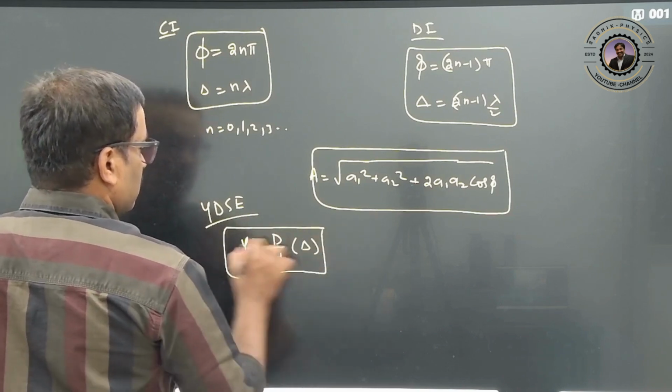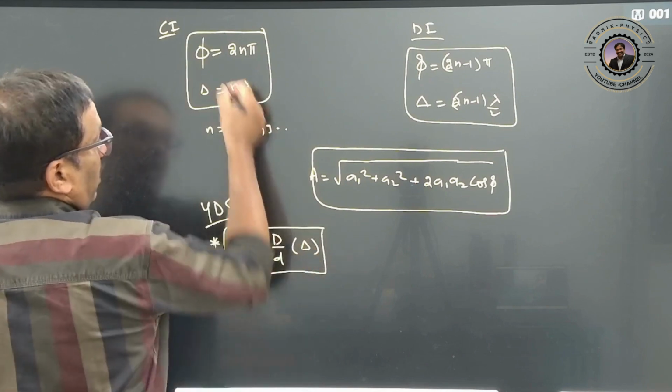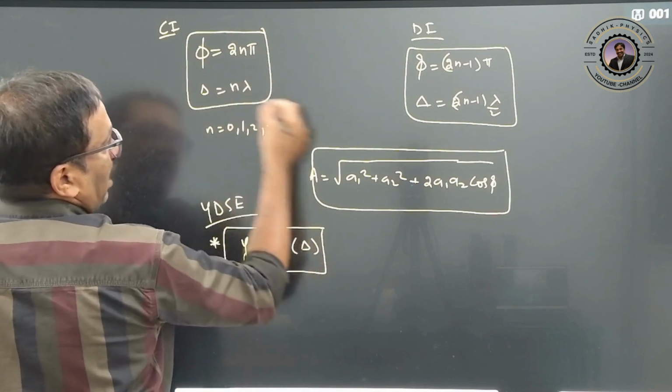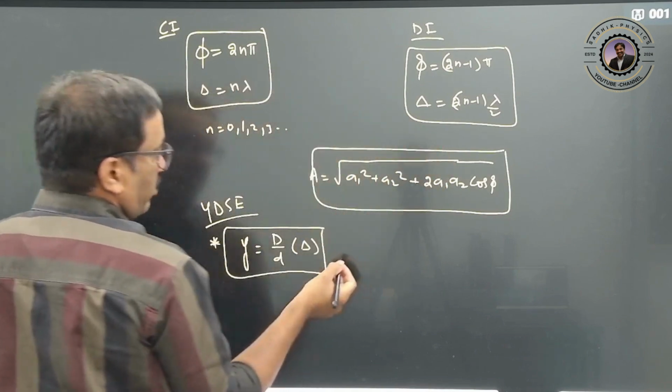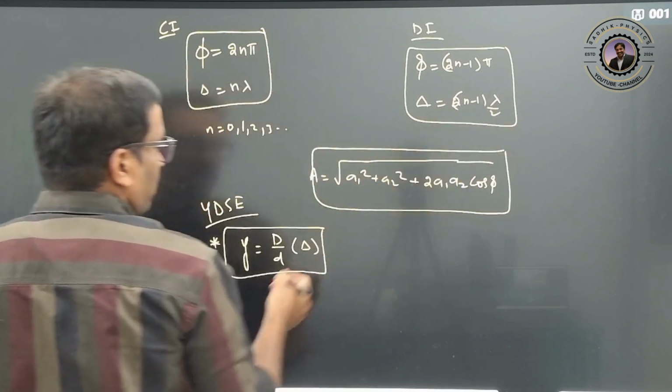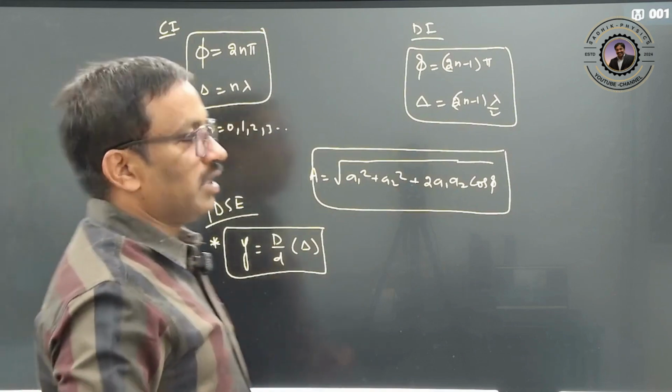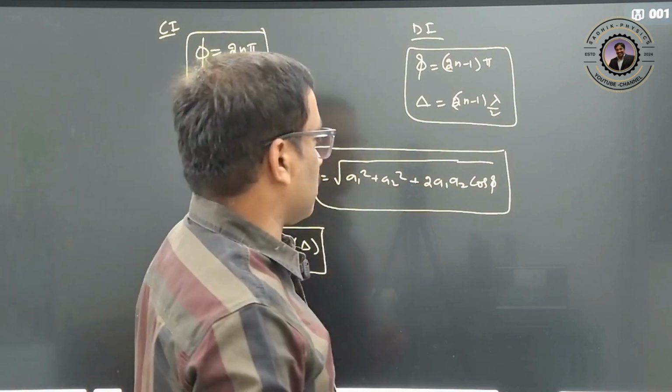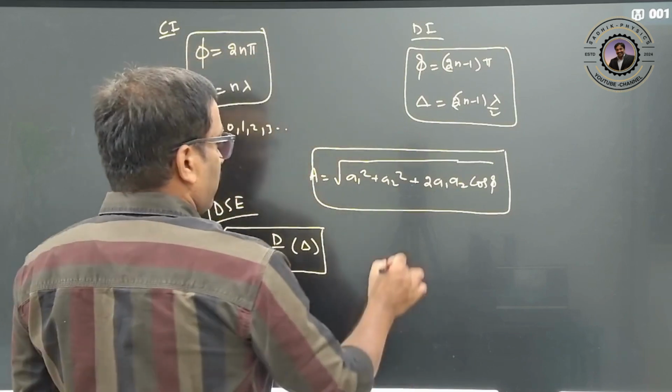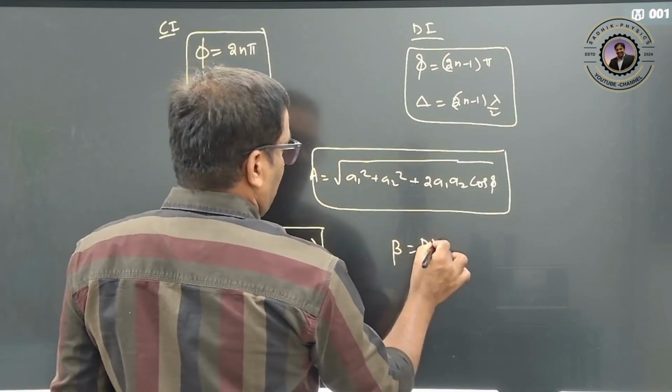You can substitute delta as n lambda for constructive interference, for bright bands, and 2n minus 1 into lambda by 2 for destructive interference, or dark fringes. And we also discussed the fringe width, D lambda by d.